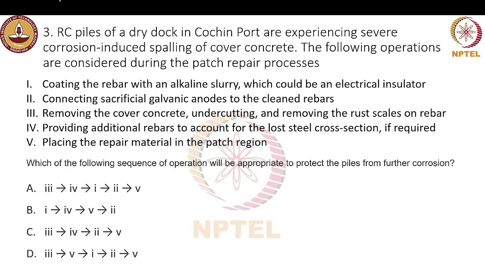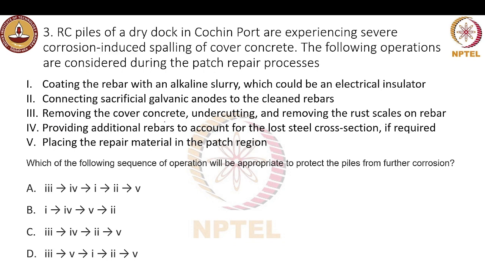So next question. RC piles of a dry dock in Cochin port are experiencing severe corrosion induced spalling of cover concrete. The following operations are considered during the patch repair process. One, coating of rebar with alkaline slurry, which could be an electrical insulator. Two, connecting sacrificial galvanic anodes to the clean rebars.